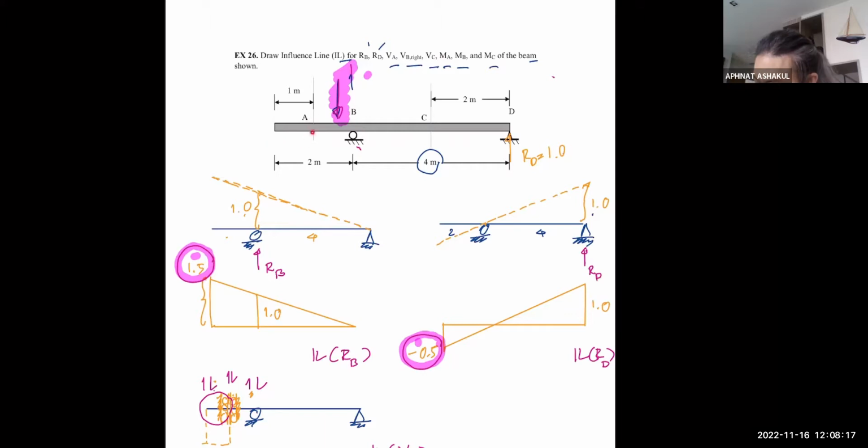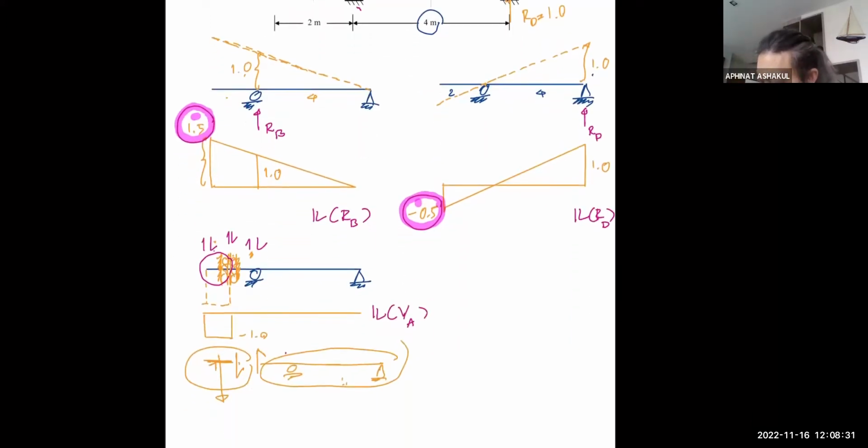In here, it doesn't have anything to do with the load anymore, and A is free from any load. So the shear at A will become zero as soon as this moving load moves past point A itself, and hence our influence line looks like that. So you see, Muller-Breslau works, and we can explain the behavior of our beam in engineering terms as well.